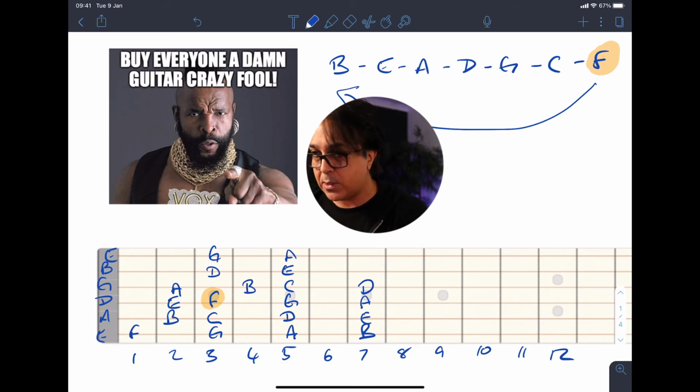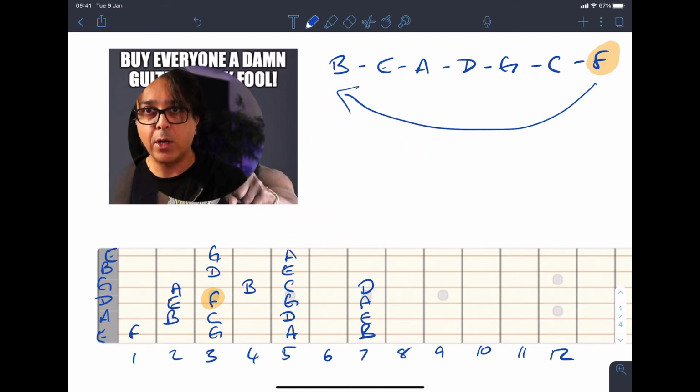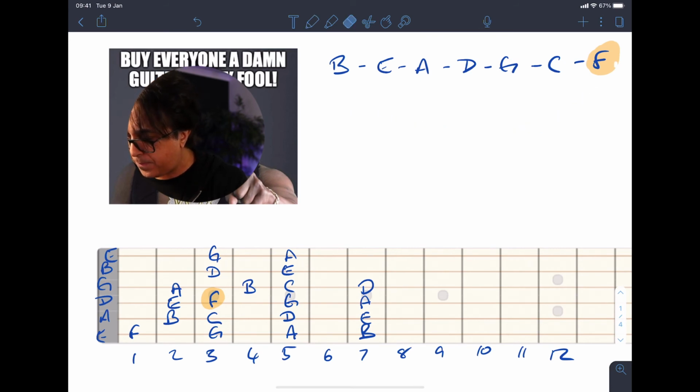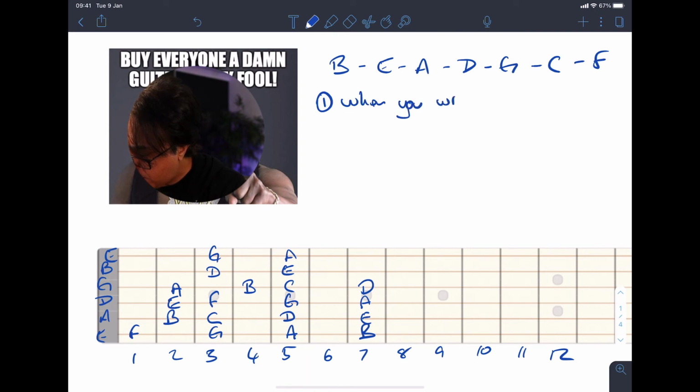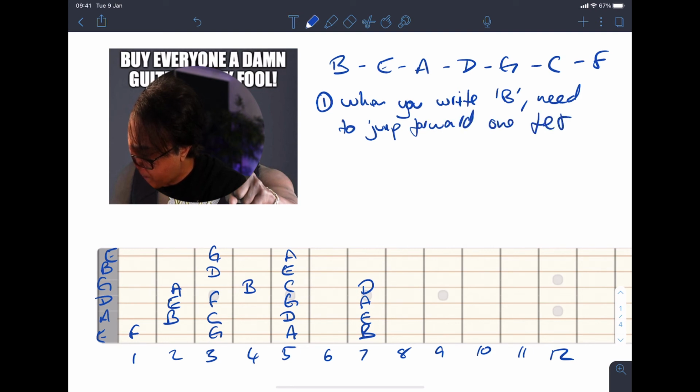Okay, so the two rules, let me just get my head out the way here again. I'll put it over Mr. T for a second. Sorry, Mr. T. And the two rules are, number one, when you write B, you need to jump forward one fret.